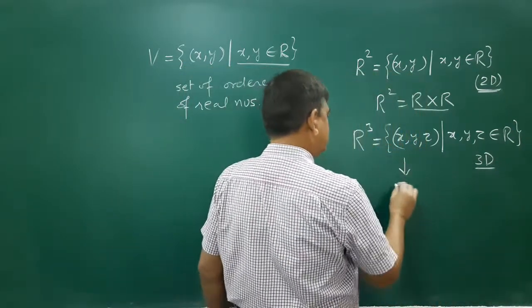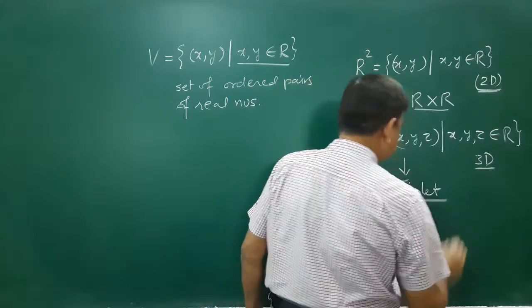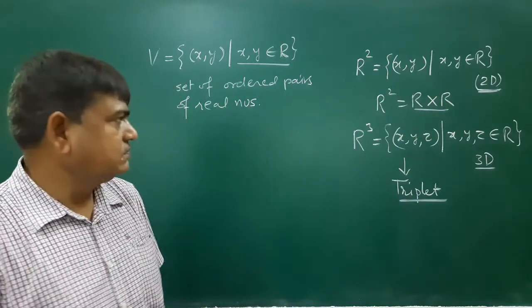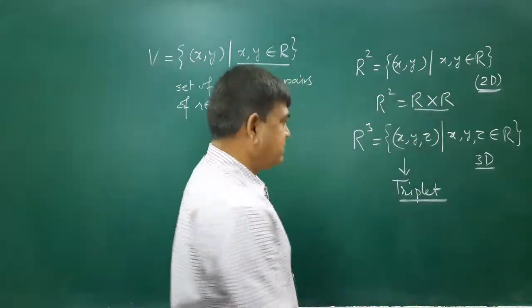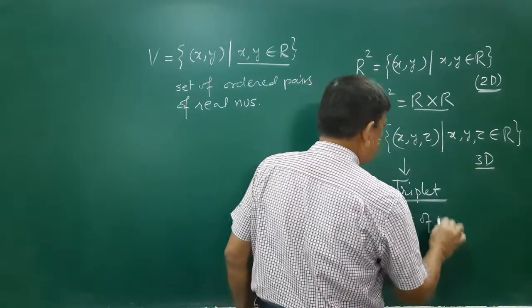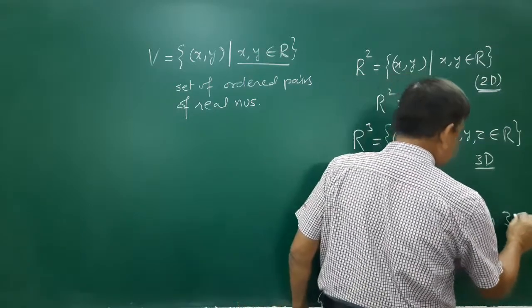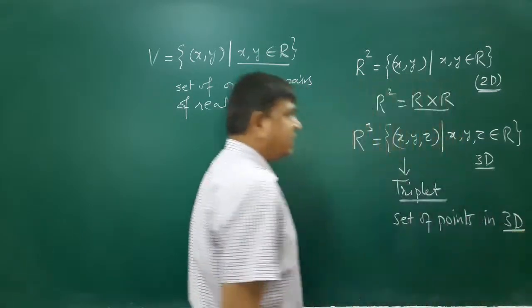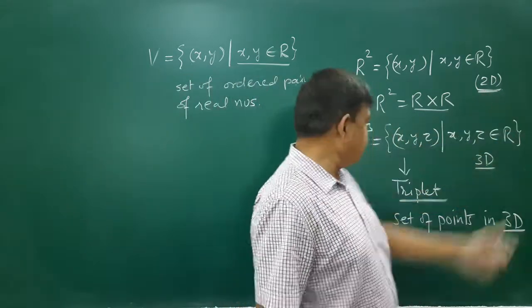This is called triplets. Order is fixed, x coordinate, y coordinate and z coordinate. You can say set of points in 3 dimensions. This is set of points in 2D. R cubed here.